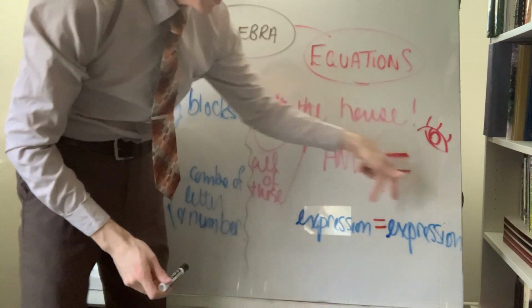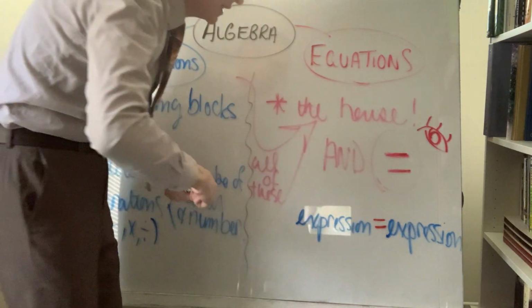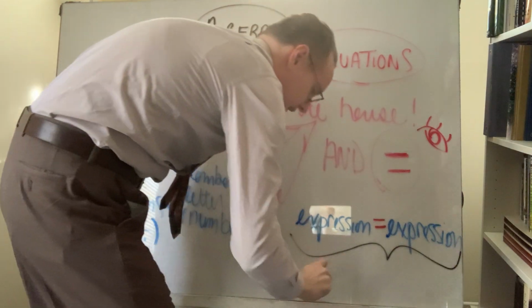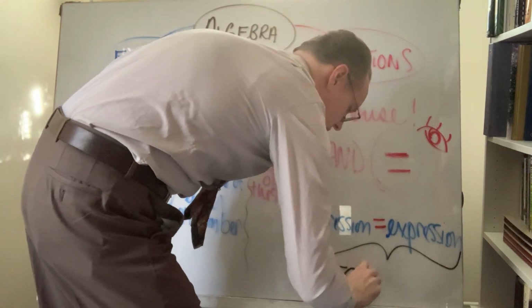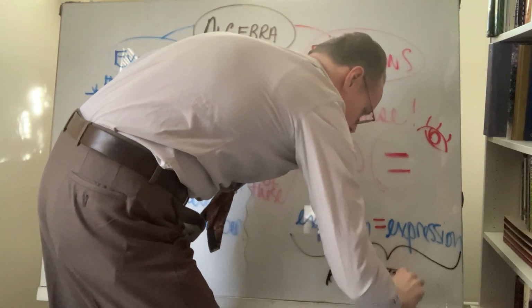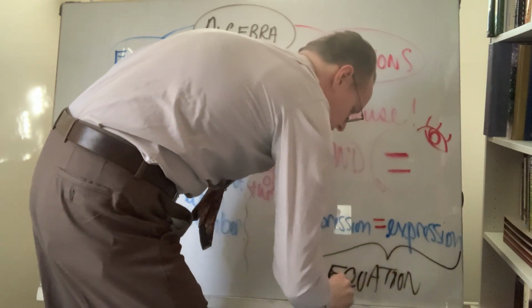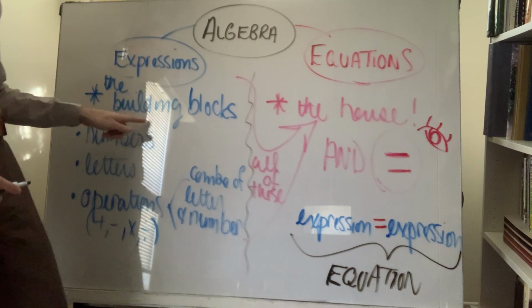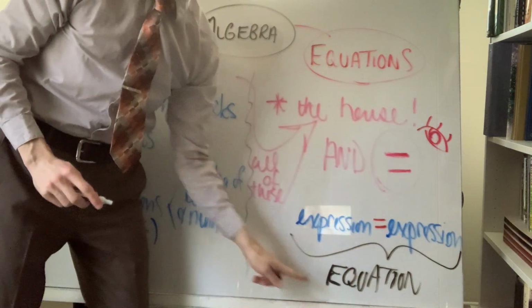Each of these are expressions unto themselves, but the whole kit and caboodle, this whole thing, is in fact an equation. That's why I say these are the building blocks, and this is the whole house.